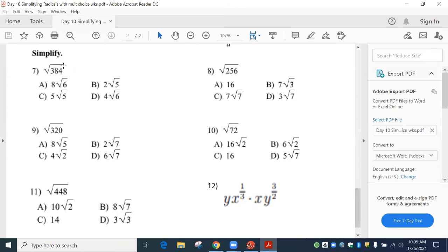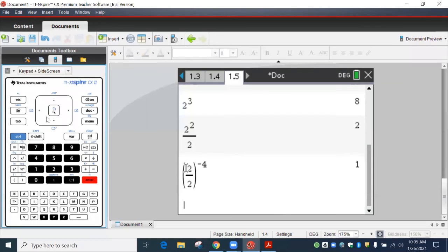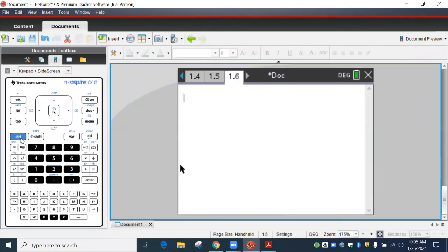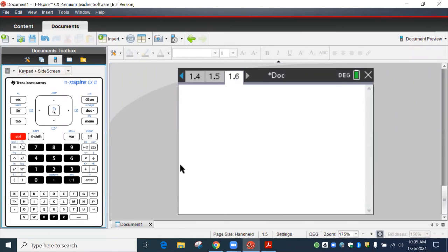So anytime that we don't have any letters, we're going to plug this into the calculator. Now, if y'all remember, I'm going to go ahead and just start all over just to clear this up. I taught y'all that it gives you a fraction. Now, to get this symbol right here, you hit Control and X squared. I want to make sure you know that there's another one, Control and this house top.